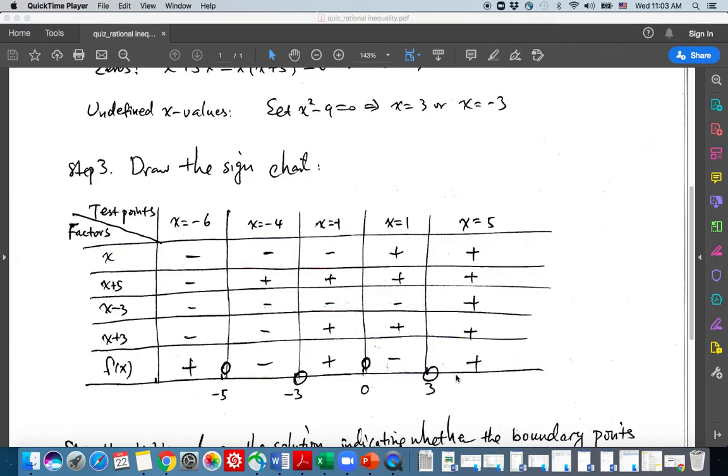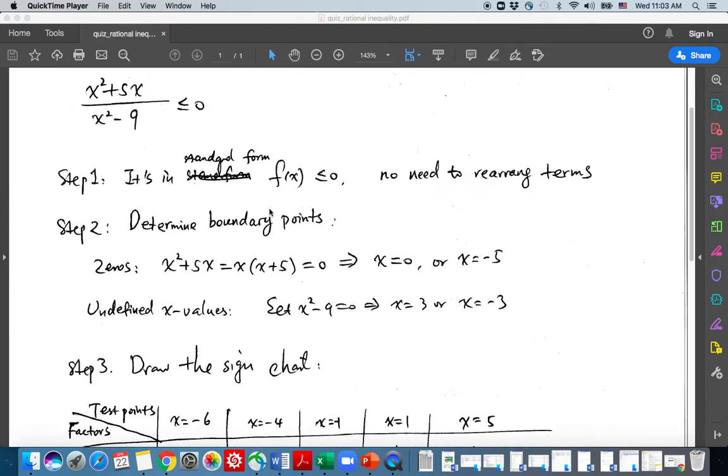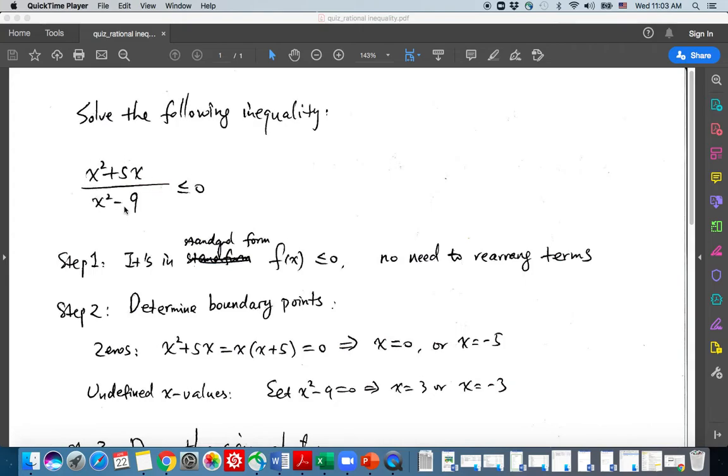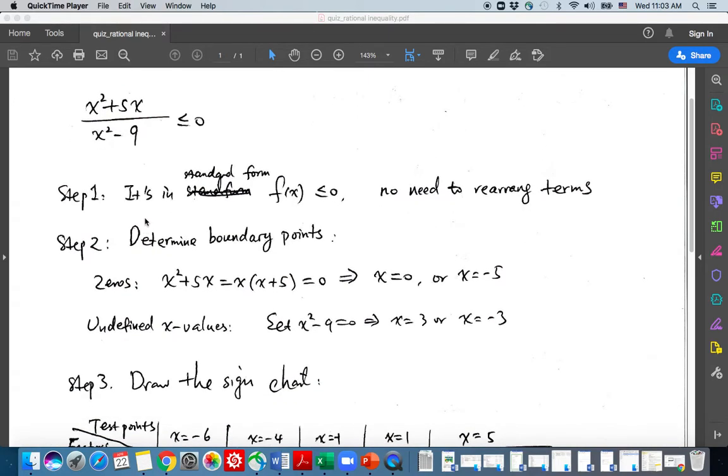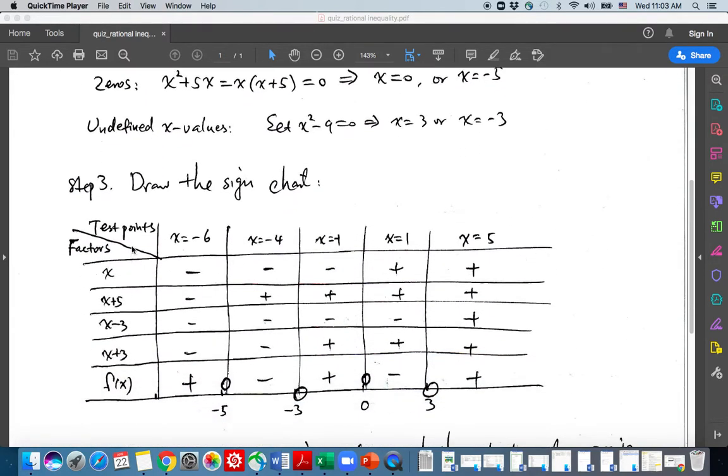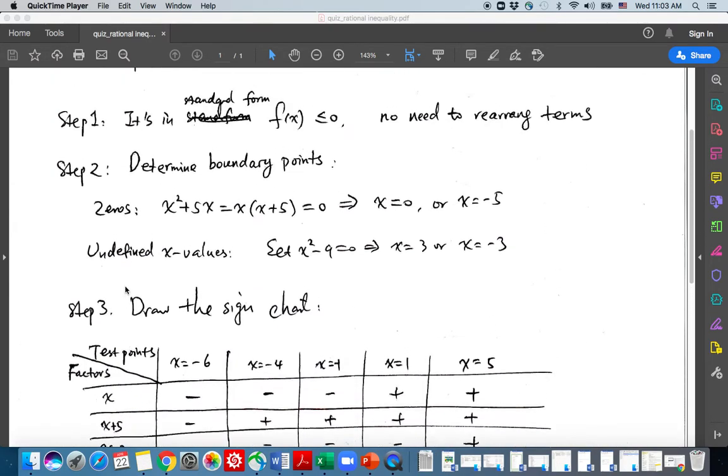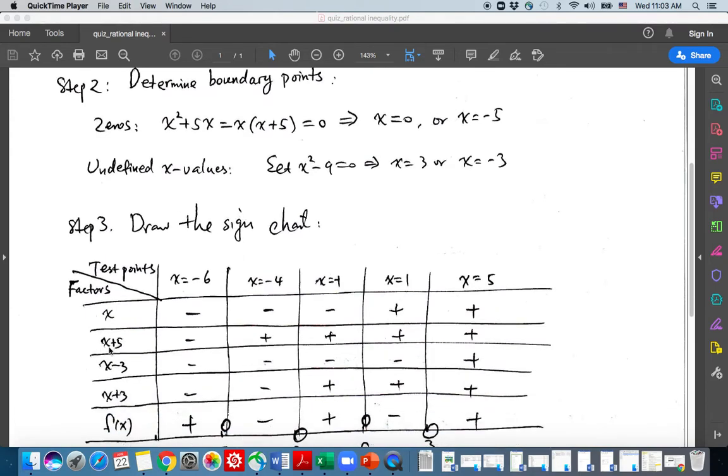The other way to do it is if the left-hand side function seems to be complicated to evaluate directly, we can go with the sign of the factors at the top and the bottom. At the top, we have the factors being x and x plus 5.